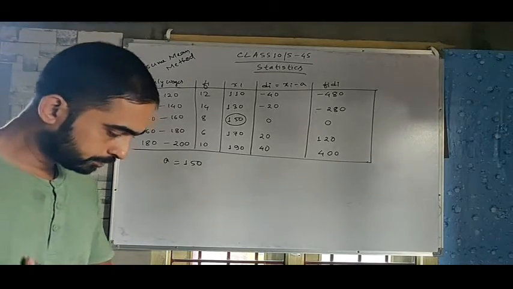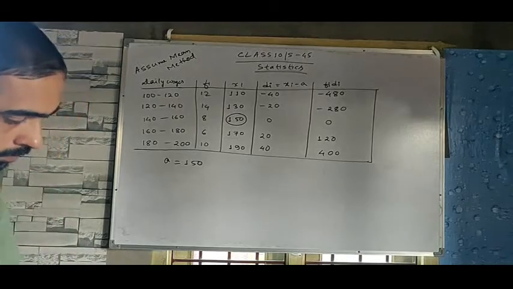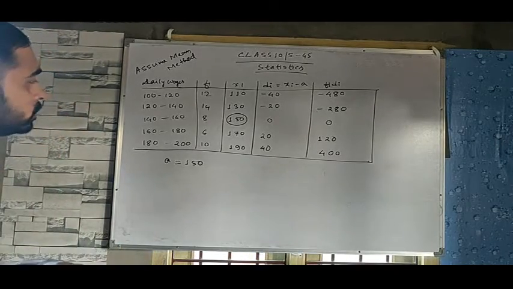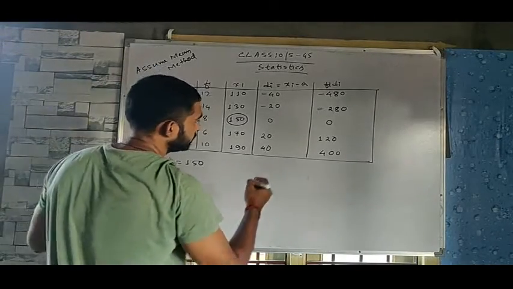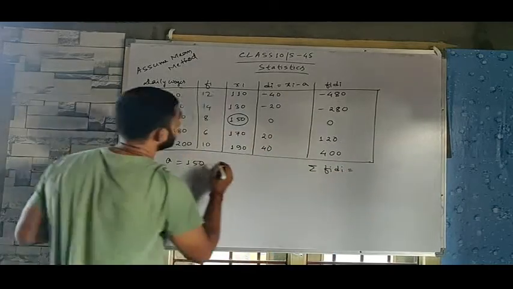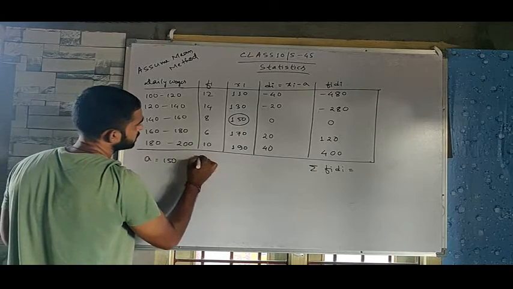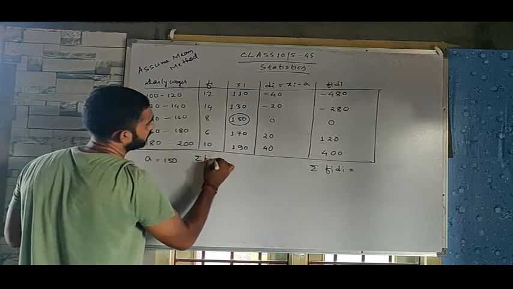Now after this we have to add them. Summation of fi di, and here summation of fi.